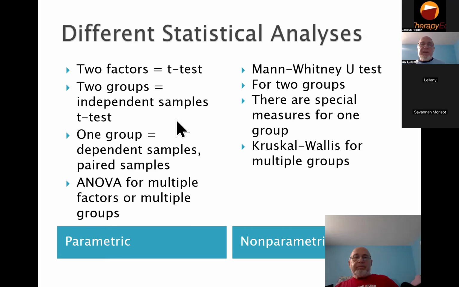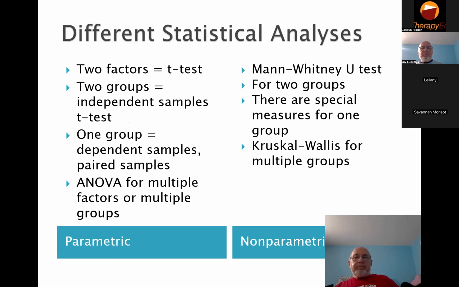If we're using two groups, we call them independent samples t-test. If we're looking at one group for two factors, it's called dependent, just get rid of the N, dependent samples or paired samples t-test. If we're doing one group for multiple things, let's say we're evaluating A, B, C, and D in the group.